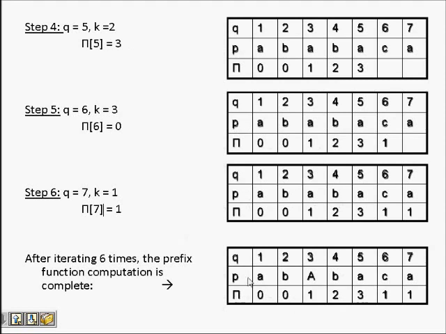So let's try to see. We have a b a b a c a. This is the pattern, p is equal to this. So what will be pi of 1? Pi of 1 will always be 0. Why?